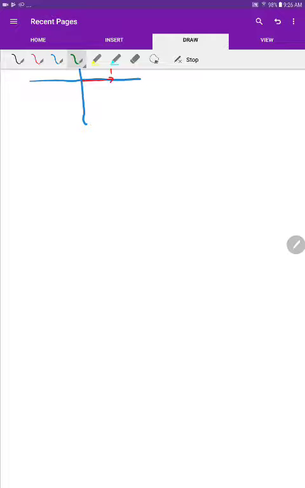So let's talk about how to recognize what type of conic section we have from our general equation. If we decide not to talk about the degenerates, like a straight line or a point, in this case A and C are not equal to 0.